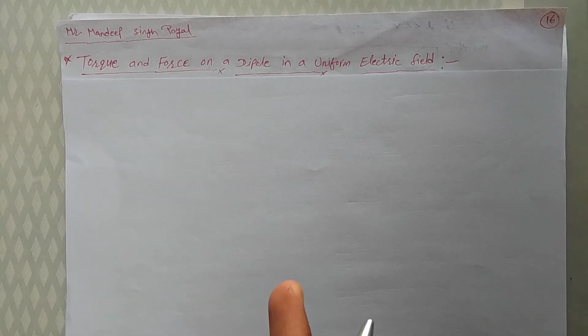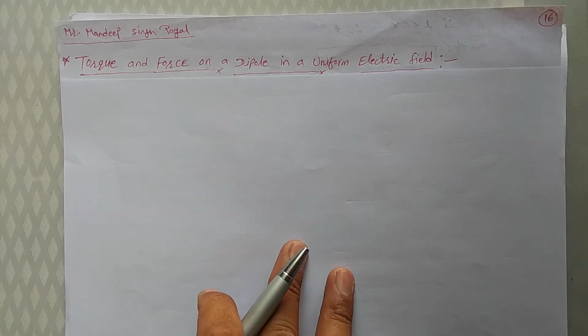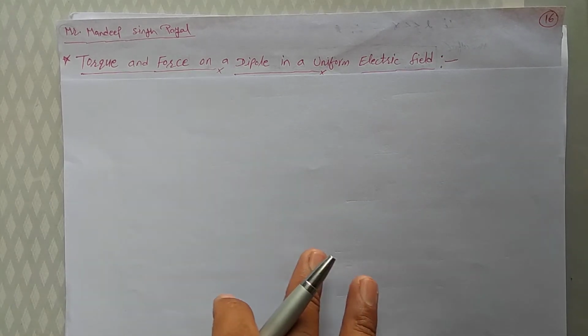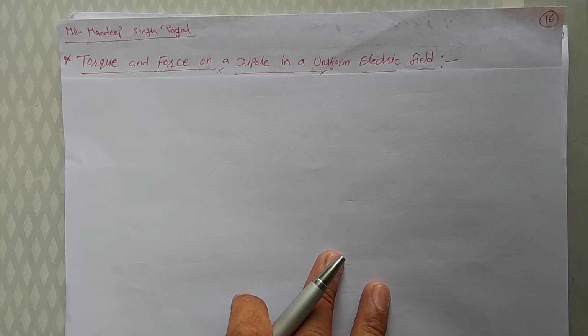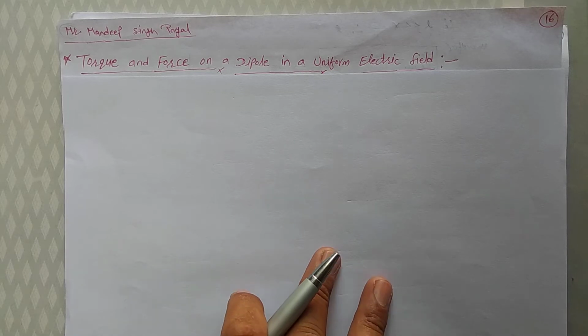A system in which two charges of the same magnitude and opposite nature are separated by a very small distance is called an electric dipole. Similarly, we define the electric dipole moment. The electric dipole moment is the product of the magnitude of either charge and the distance between the two charges.